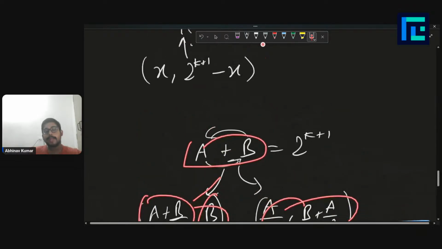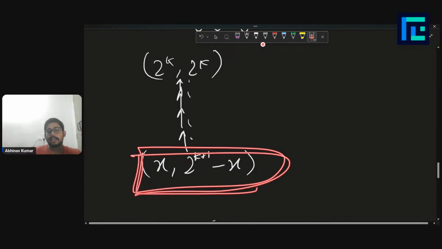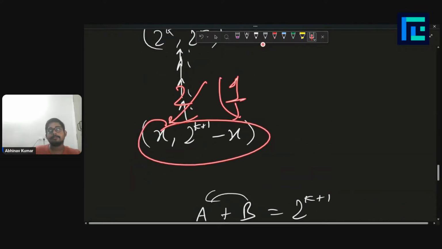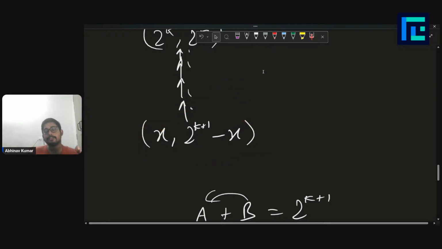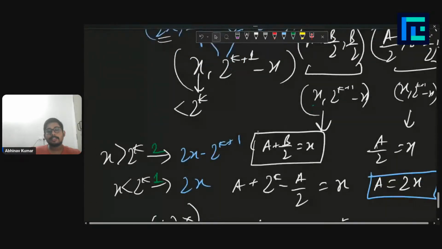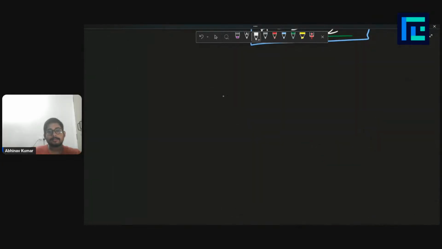But if you think in the backward direction, that you are at some state x comma 2 to the power k minus x, then what is your previous state? If you think in the reverse order, then either you came to this state through operation number 2 or through operation number 1. These are the only two possibilities. Let me explain once more clearly.